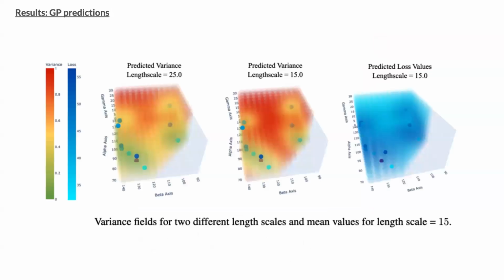Okay, and the last thing that we can do to query the model is to ask it to predict, across this parameter space, where it thinks the best crutches are, and how confident it is about that.